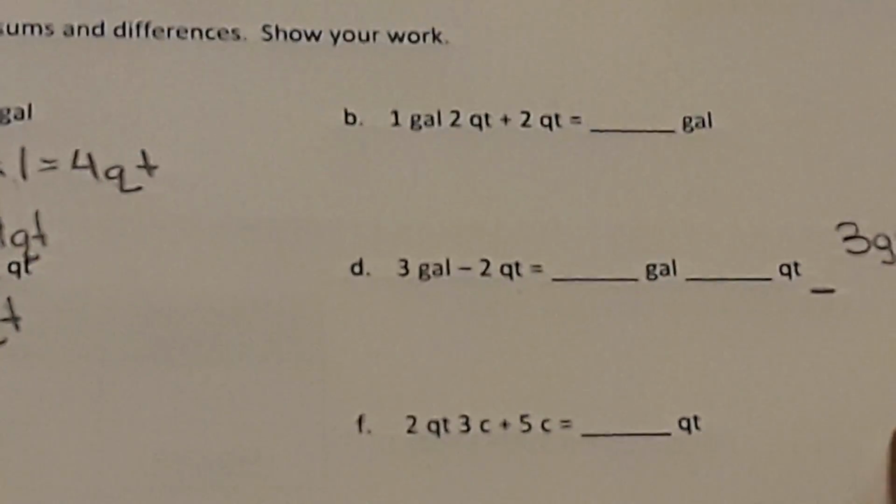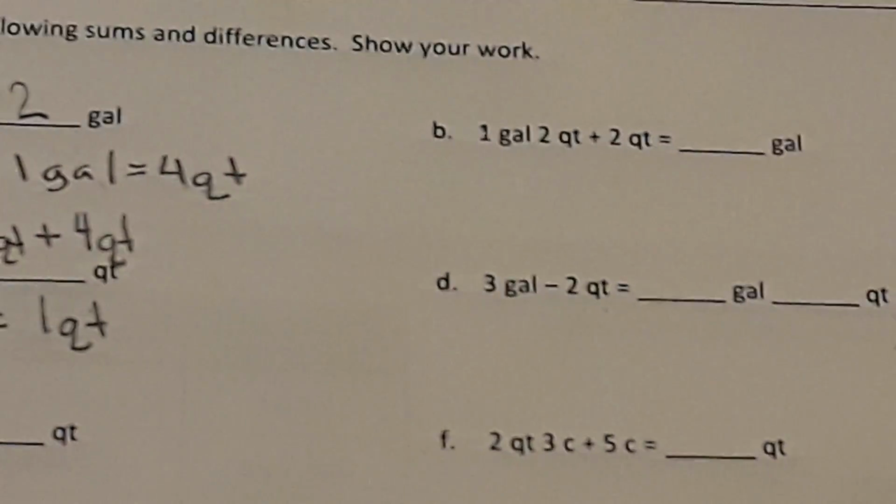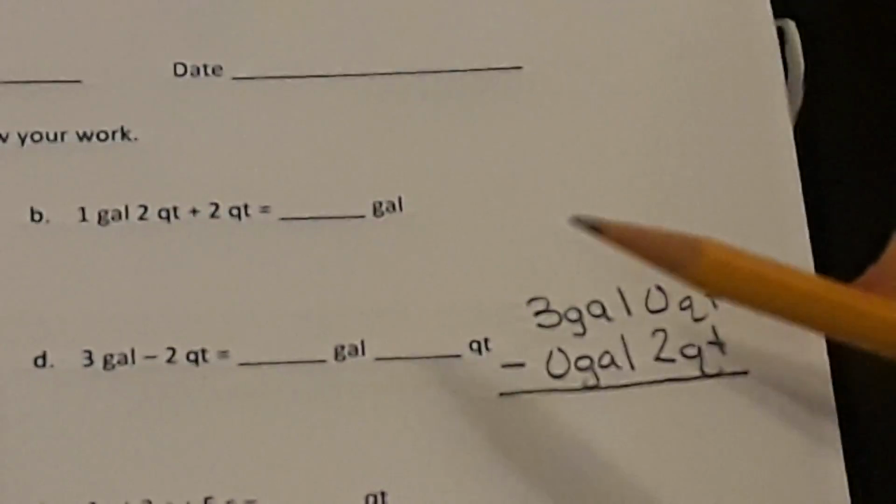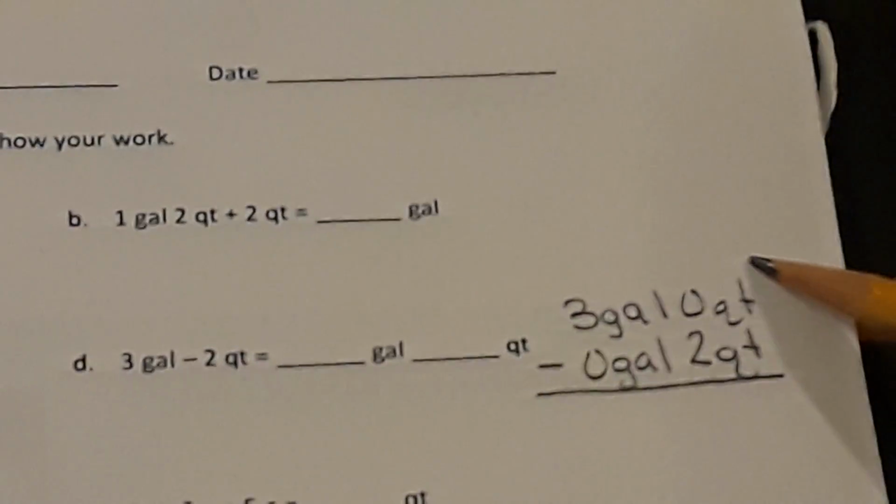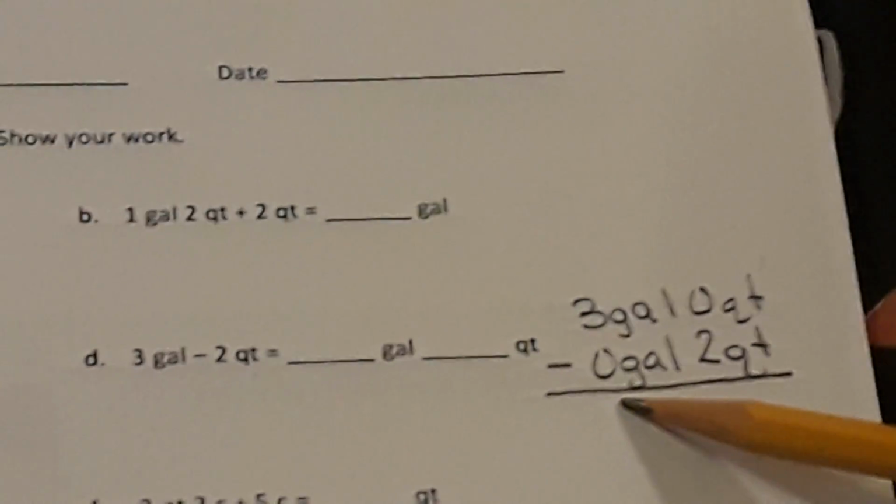This is 2 quarts. Over here, we have 0 quarts because we don't have any, and 0 gallons. Just like in addition, you have to keep your ones and your tens together. We have to keep our quarts and our gallons together.